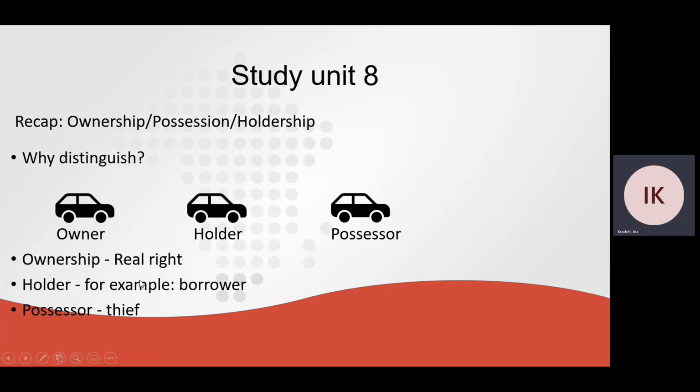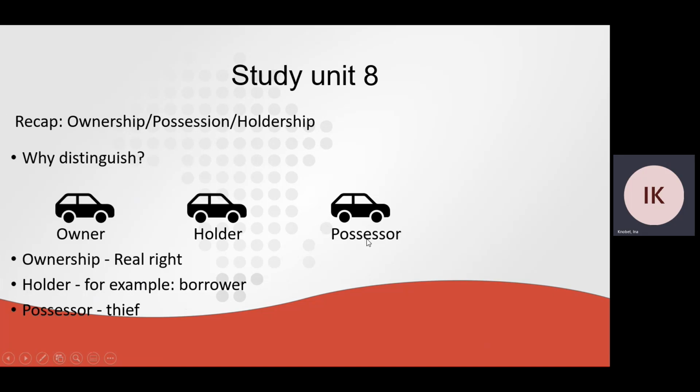Okay, then our third little car here is a car that is controlled by what we classify as a possessor. And there, our easiest example is a thief. Now, you will find in study unit 8 that when we talk about a possessor and we think about the example of a thief, it's very important to remember that it's only when we distinguish between ownership, holdership, and possession.